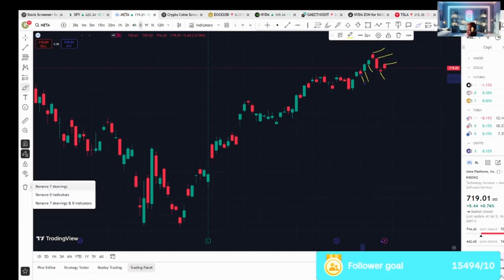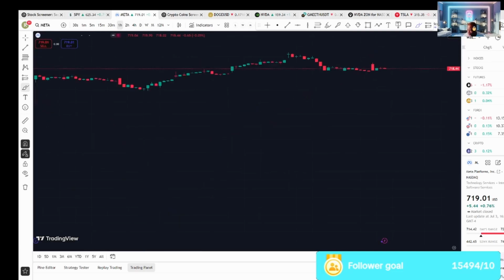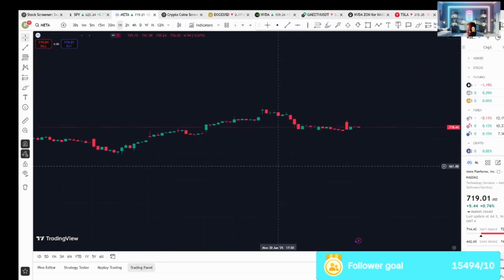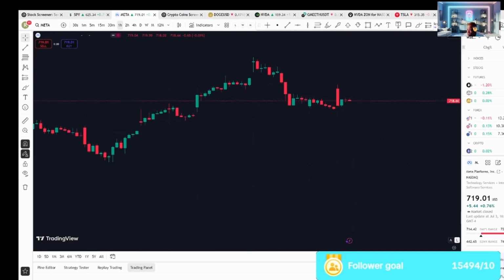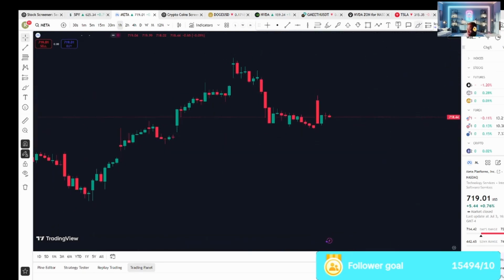Whenever you switch to a different interval, you get different candles. Move to 1 hour, meaning each candle there represents 1 hour.